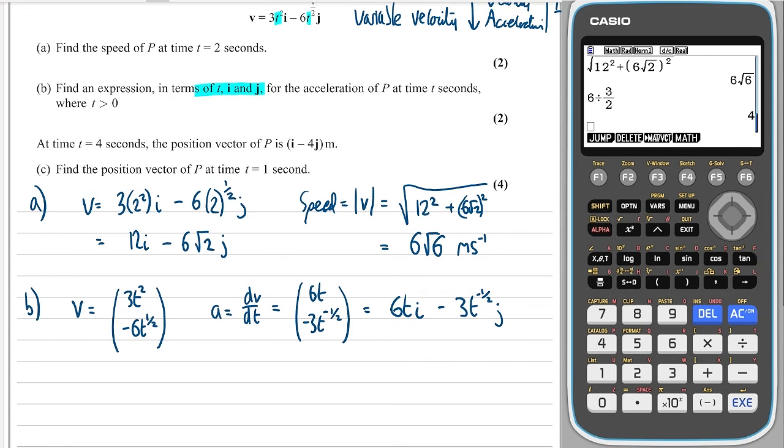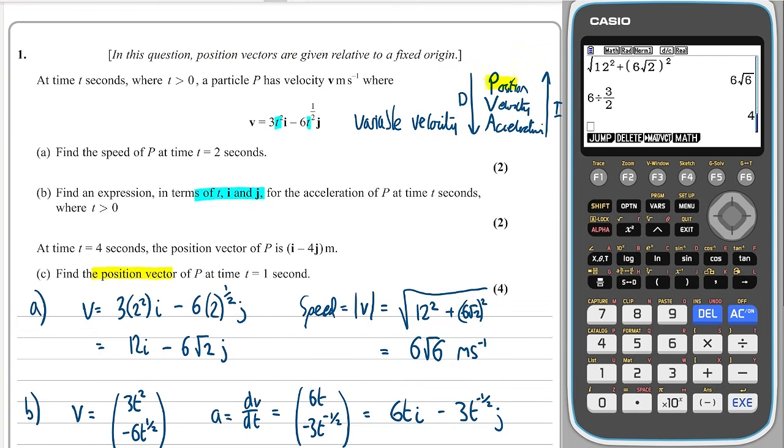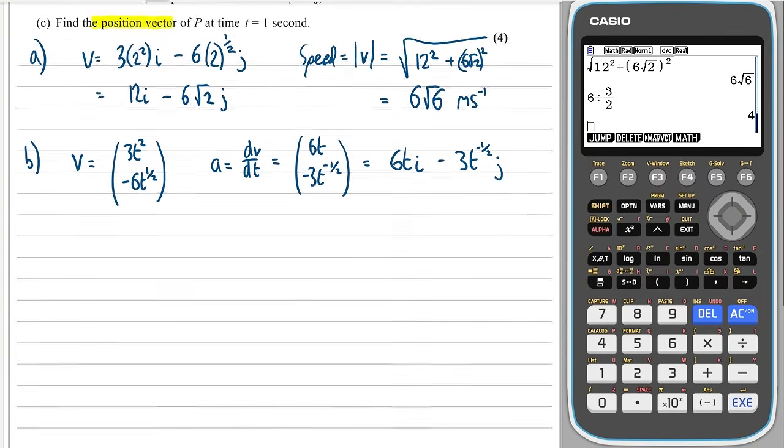Okay, now we're asked to find a position vector at t equals 1, and we're given the fact that at t equals 4 the position vector is given to us, which is going to be useful. Now how do I find position? Well, position is the top here, so I have to integrate the velocity up in order to work out the position.